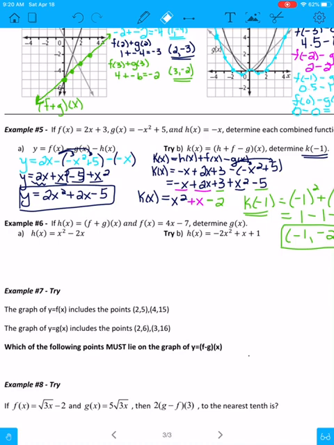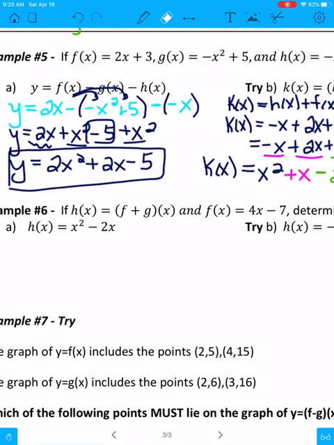Okay. So example 6, if h of x equals f plus g of x and f of x equals 4x minus 7, determine g. So this time, you're actually given the answer, the completed graph, when you add the two. Okay? So we can still plug that in. So we rewrite our equation.